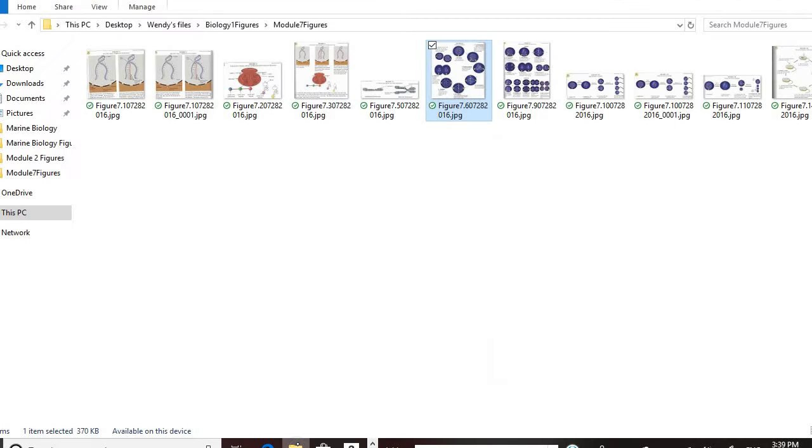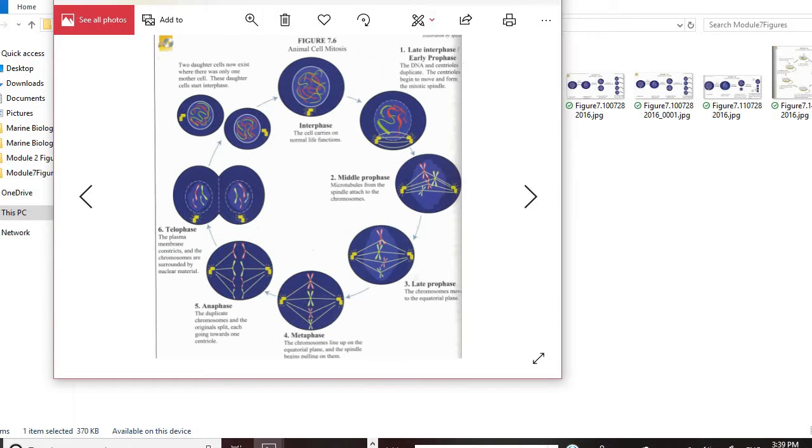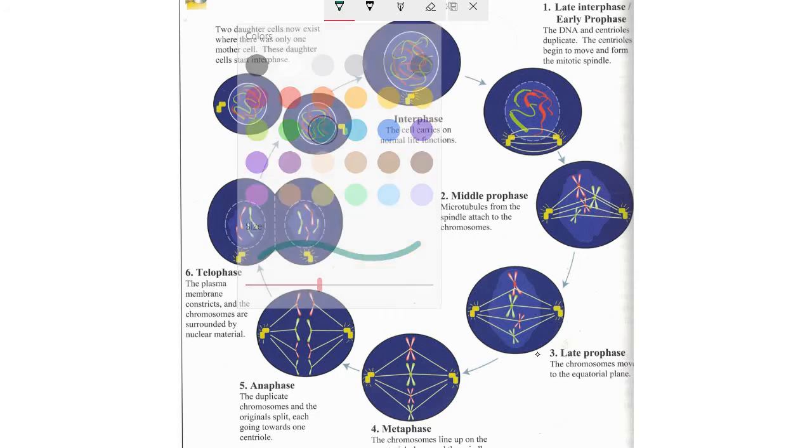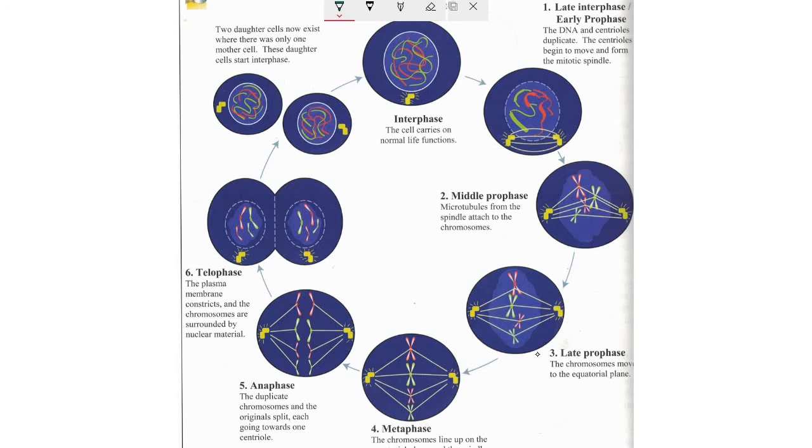Okay, so let's go back and look at the picture that we had before. So now we are in metaphase, and you can see in metaphase that the chromosomes are lined up down the middle, and these spindles are attached to them, and they're starting to pull on them.